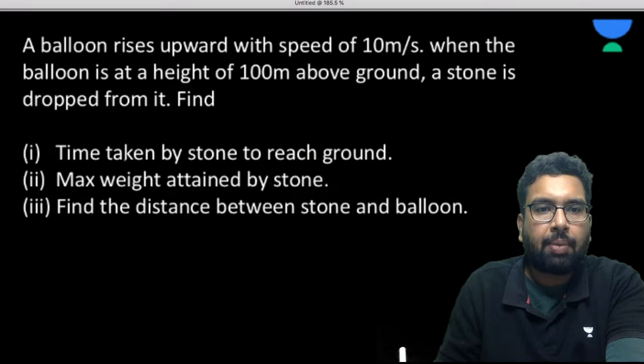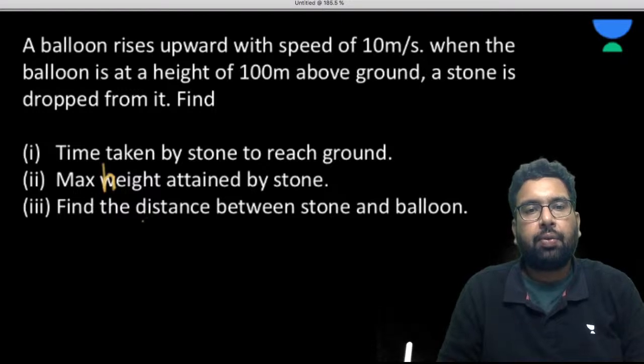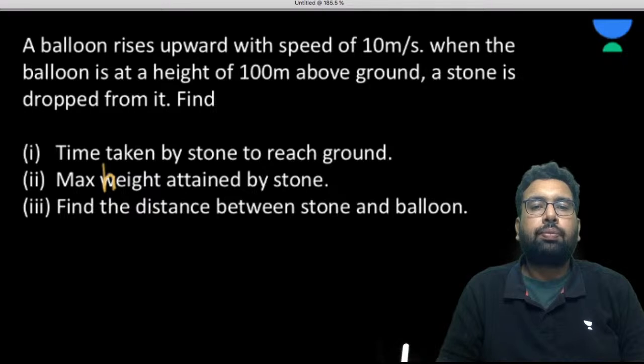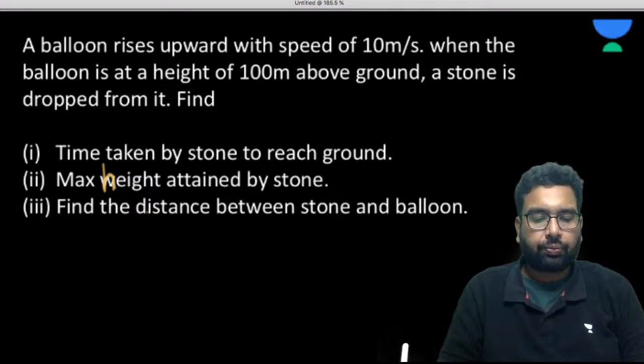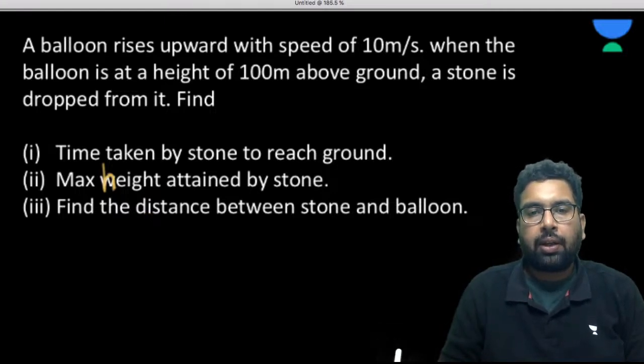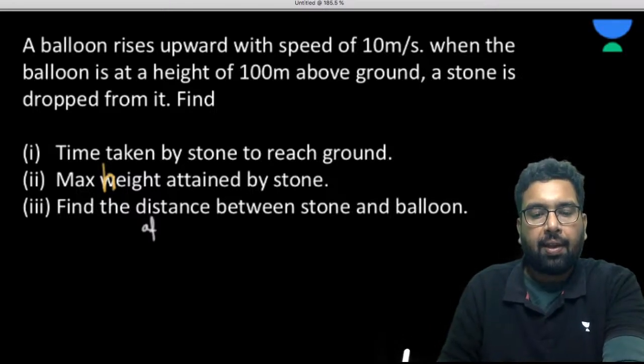So it is maximum height, not weight. Maximum height. Okay, so it was wrongly written here. Maximum height attained by a stone. And find the distance between the stone and balloon after 3 seconds.